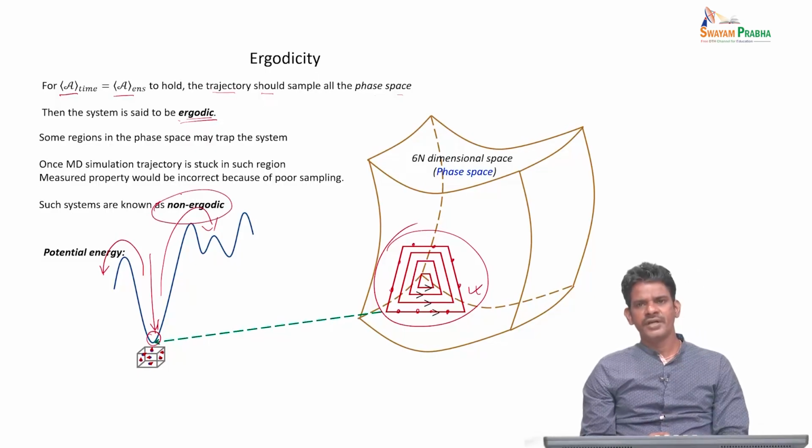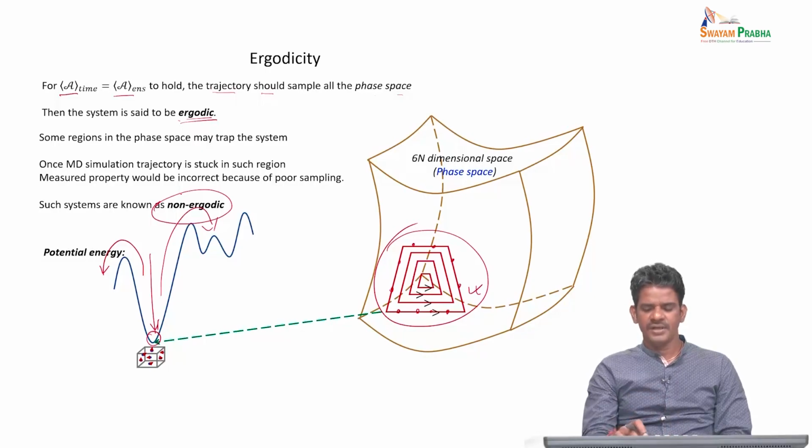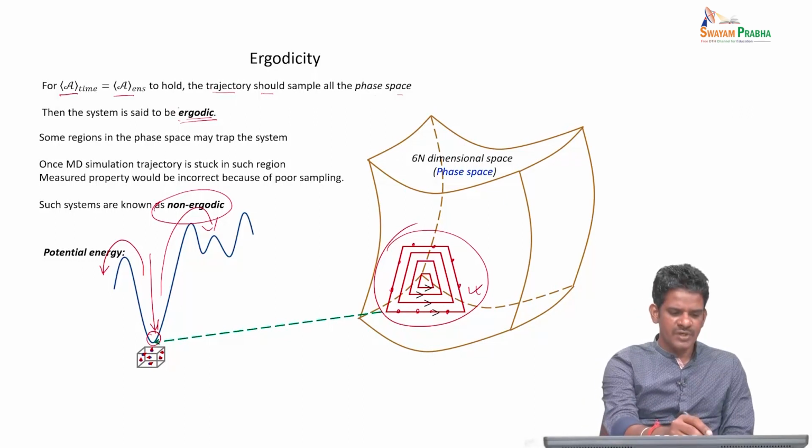An example of a non-ergodic system would be glasses or gels, which age very, very slowly and get stuck in a particular part of phase space. So when you do MD simulations, it is very important to assert that we are able to sample the system so that the ergodicity principle holds.